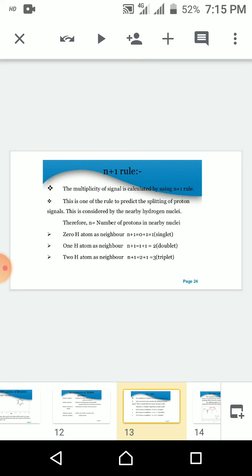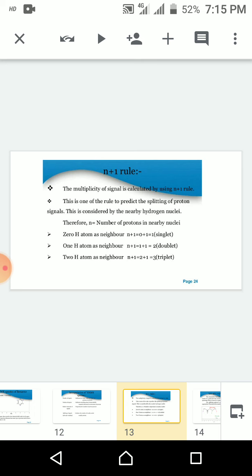This is one of the rules to predict the splitting of protons. This is considered by the nearby hydrogen nuclei. Therefore, n is equal to the number of protons on nearby nuclei. If there are 0 hydrogen atoms in the neighbor, then the peak is a singlet.